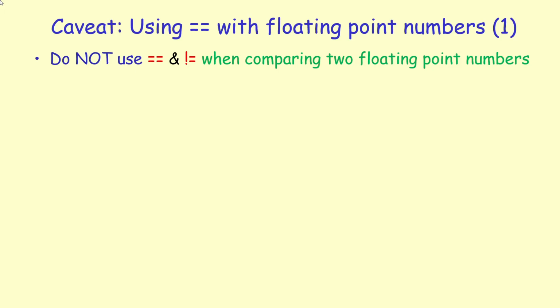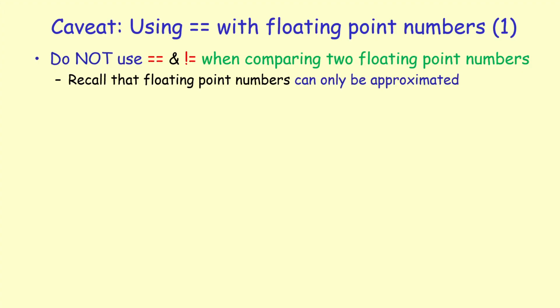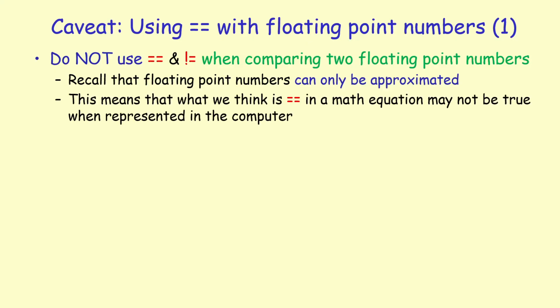Another caveat is, do not use the equals and not equal to operators when comparing floating point numbers. Recall that floating point numbers can only be approximated in programming languages, which means that what we think is equal in a math equation may not be true when represented in the computer.